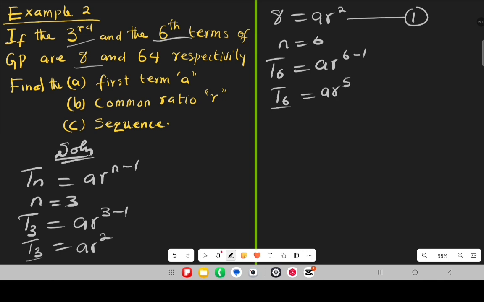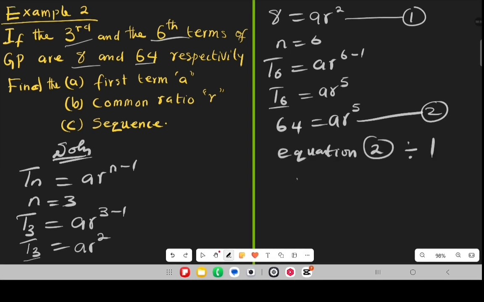And T6 is given as 64. So 64 is equal to a r raised to the power of 5. We call this equation 2. Next step, we say equation 2 divided by equation 1. That is a r raised to the power of 5 over a r raised to the power of 2 equal to 64 over 8.